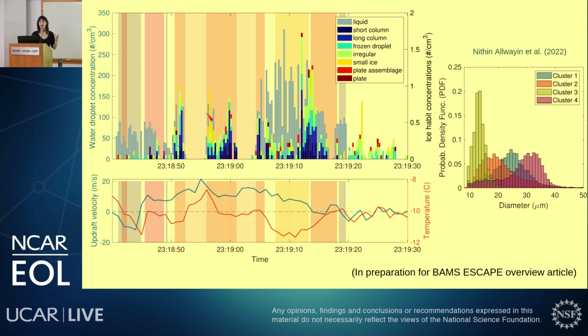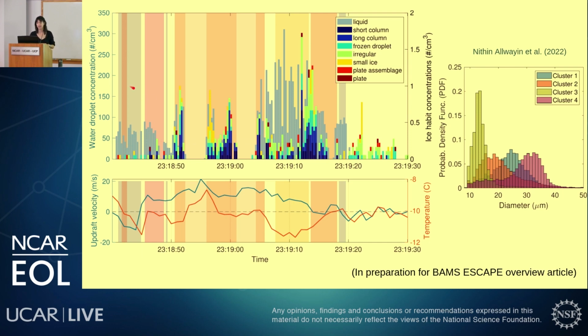And I've plotted the concentrations of each of those ice crystal habits with these shorter bars in the bar plot. The shaded colors in the background correspond to these different droplet size distributions of the liquid water in the cloud.